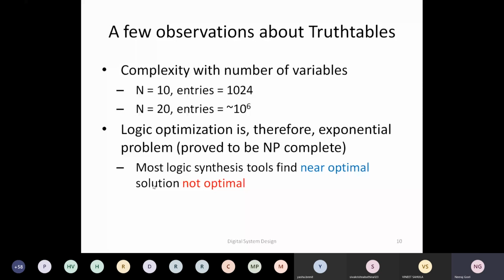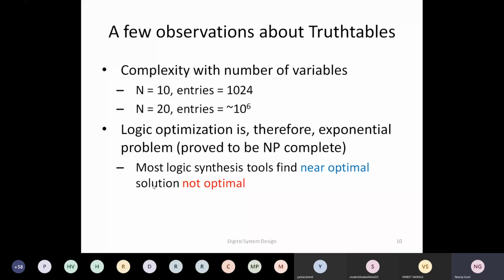Otherwise, in practical computers, we even settle for a non-optimal or near optimal solution, because an optimal solution will take ages just to enumerate all the combinations and to converge on which combinations to take.